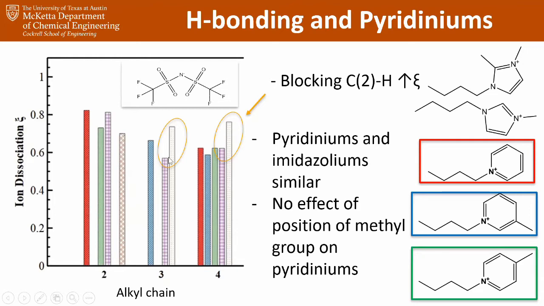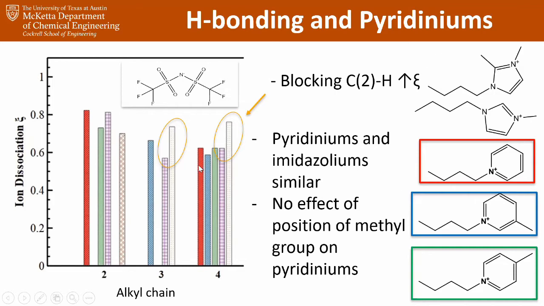But we've got a comparison of the hatched and dotted ones that are circled here, and those are where we've got the dialkyl versus trialkyl imidazolium, where you're blocking that C2 hydrogen, putting a methyl on there. And when you block that, then the dissociation increases substantially. And that makes a whole lot of sense, right? Because you're blocking that interaction between the acidic hydrogen in the C2 position and the anion.